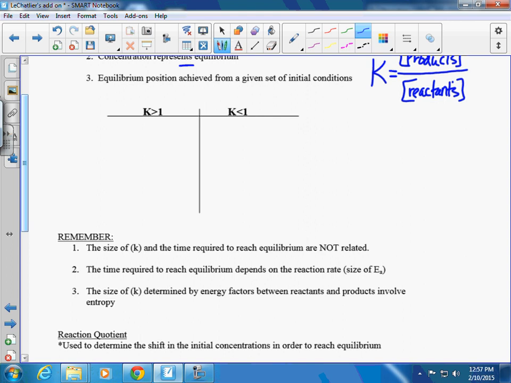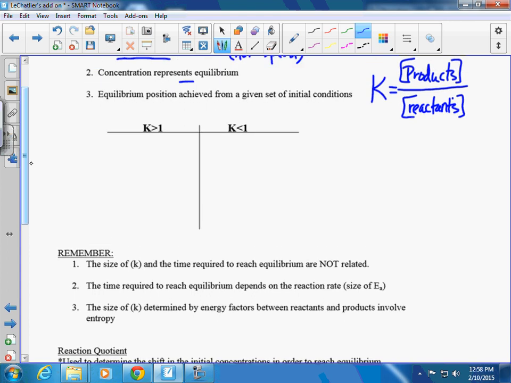Sometimes K is going to be given, and sometimes we'll calculate it. It just depends upon the type of problem. If K is greater than 1, then you need to think that my reaction is going to have to shift to the right at equilibrium.